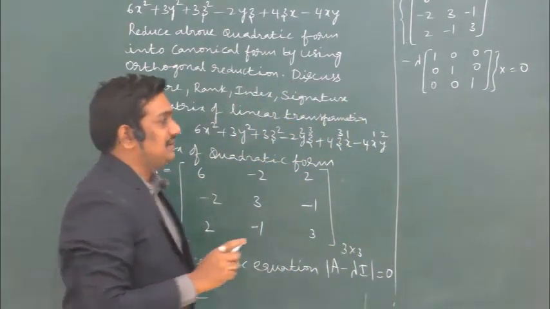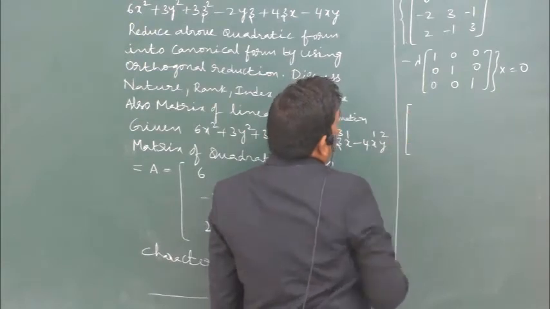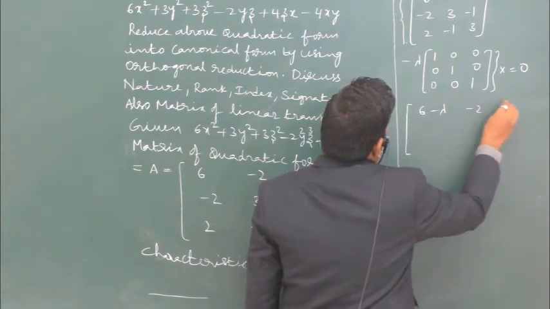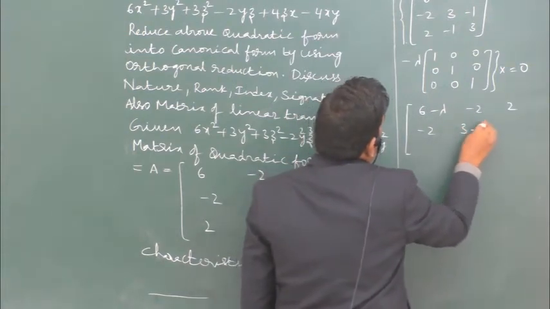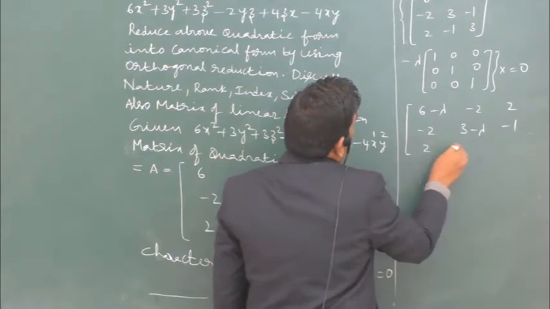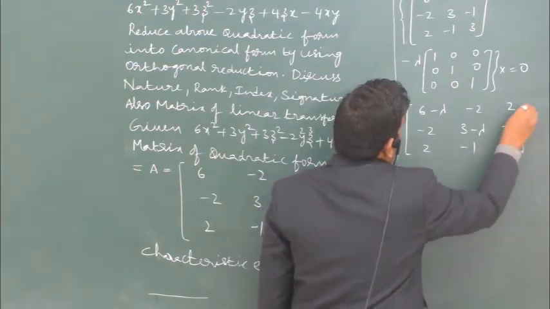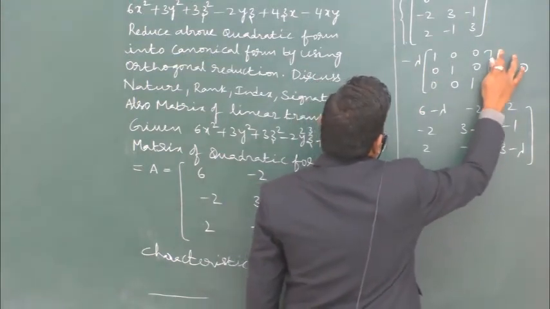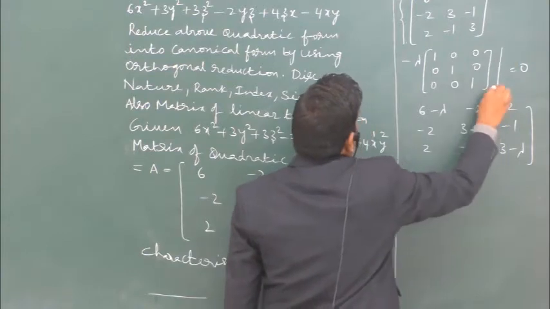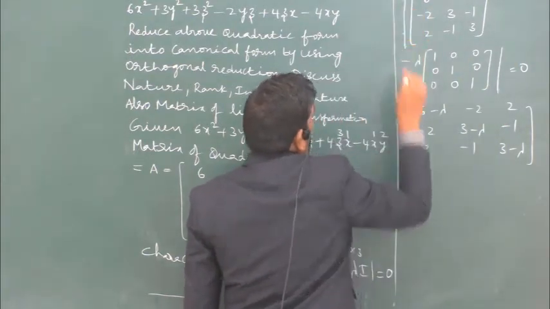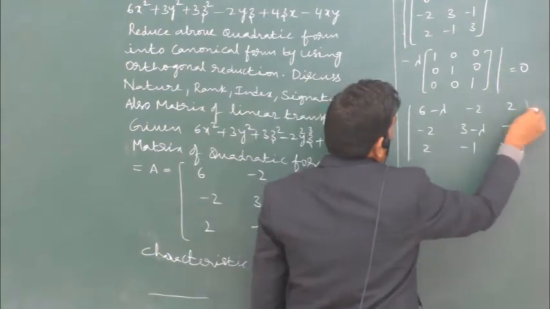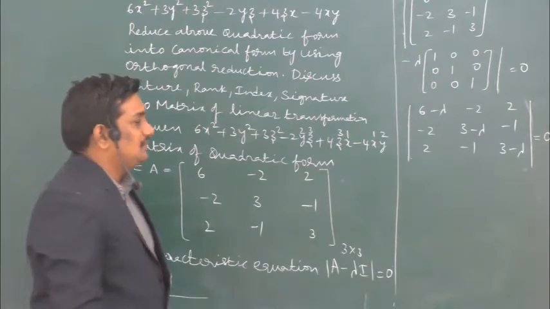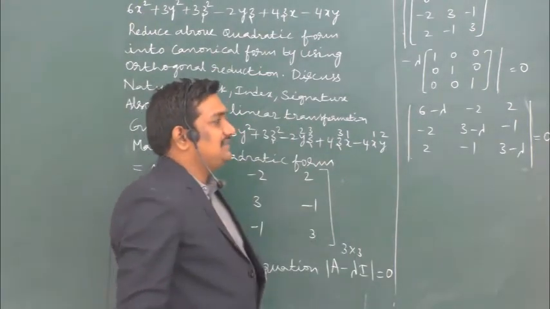Now subtract corresponding elements. It will be 6-λ, -2, 2; -2, 3-λ, -1; 2, -1, 3-λ, the determinant equals 0. Now let us expand this 3 by 3 determinant.